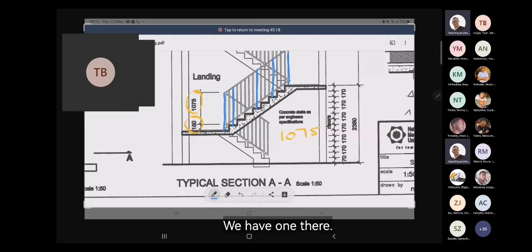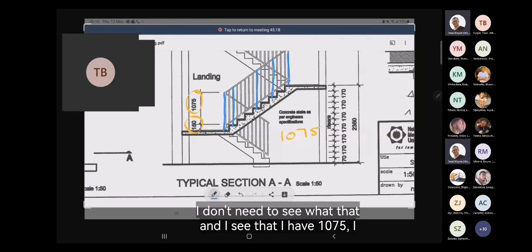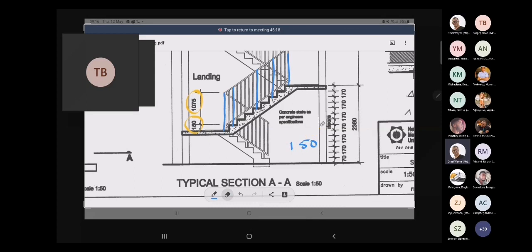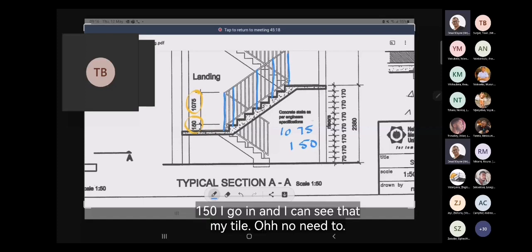We have one there. I now need to see what that is, and I see that I have 1075, I have 150. I go in and I can see my tile, and I need to do something.